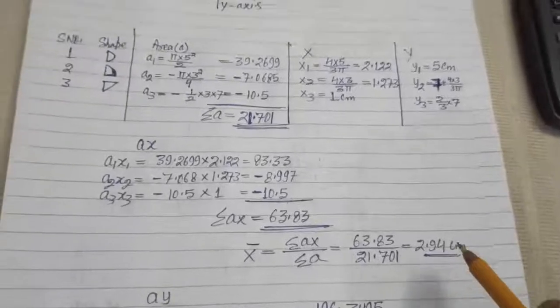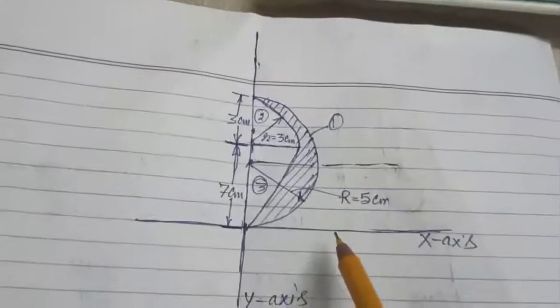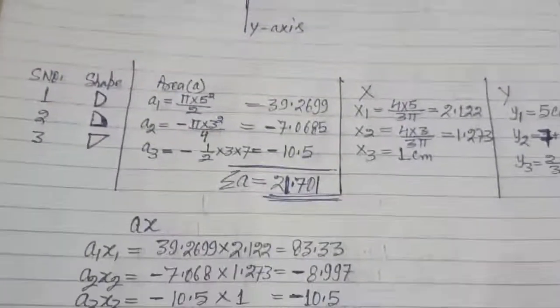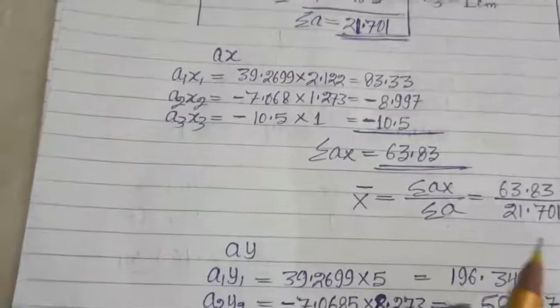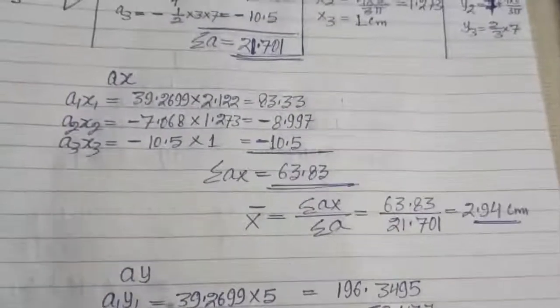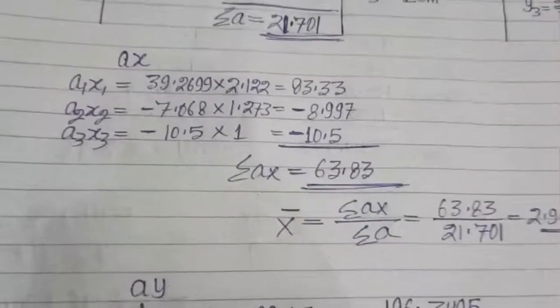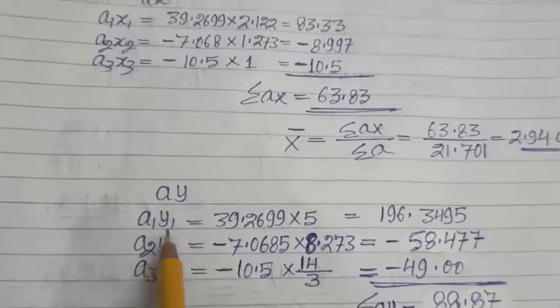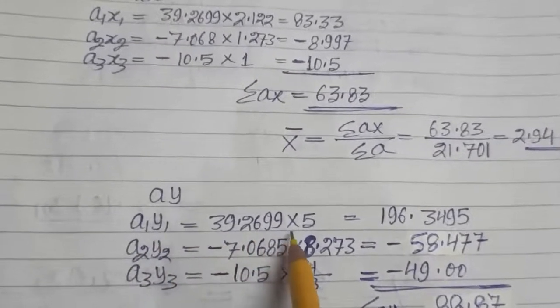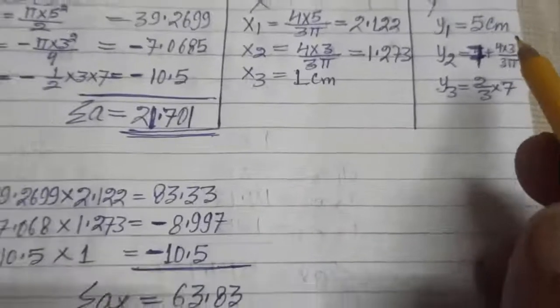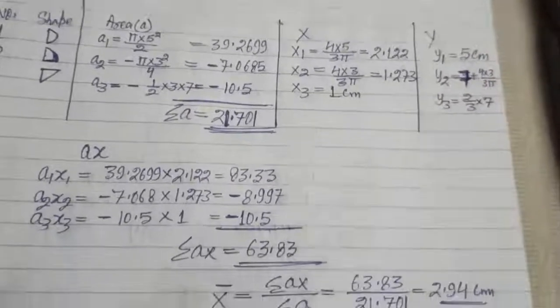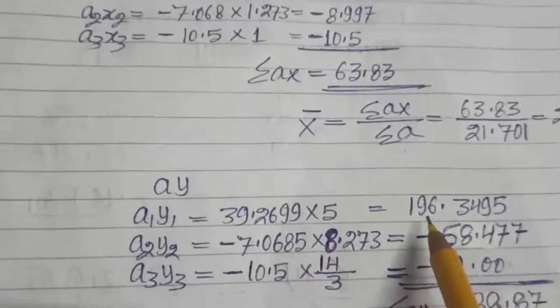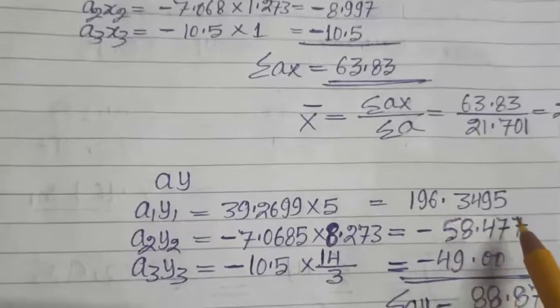So X bar for this figure is 2.94 centimeter. Now Y bar. For Y bar, we have to calculate summation AY. So for A1Y1, A1 is 39.2699 and Y1 is 5 centimeter. So A1 into Y1 is 196.3495.